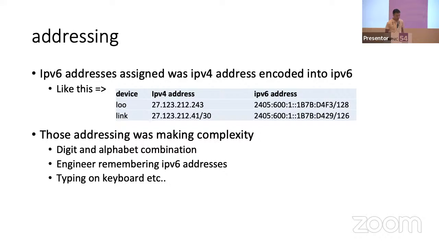Our addressing was not good for engineers. For example, we encoded the IPv4 address into the IPv6 address, and that made some complexity for operation. There is a digit and alphabet combination.